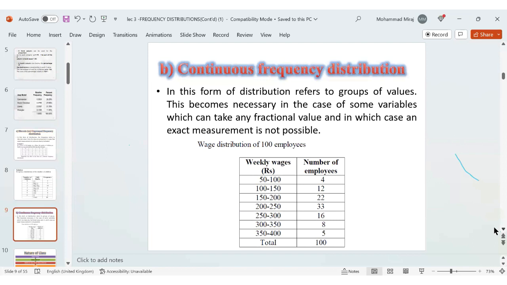Between 50 and 100, four people got wages, then 100 to 150, again four, then 12. Like this we prepare a whole list of groups, so that whoever is there, we are able to cover them. Now suppose the total number of employees is 100.